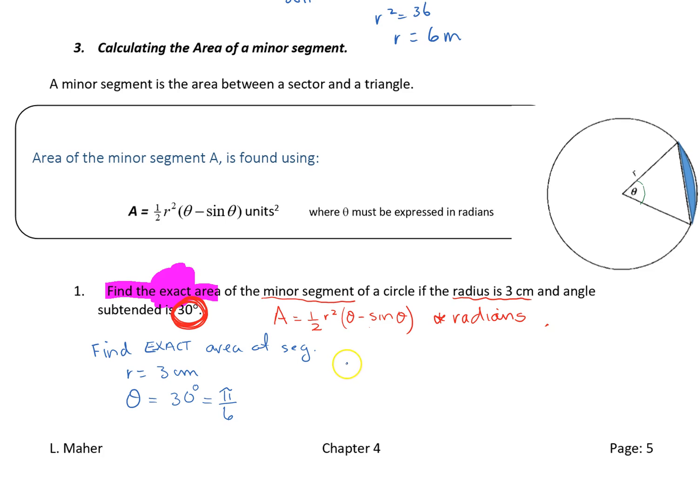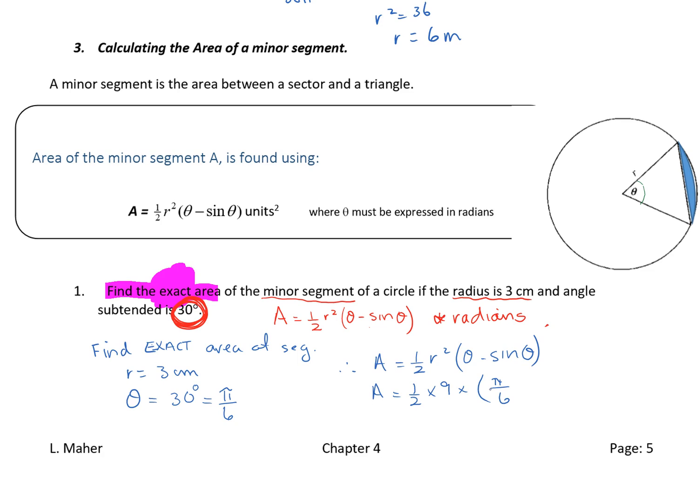Okay, therefore, using the formula, A is half r squared theta minus sine theta, we've got the area is a half, the radius is 3, and 3 squared is 9. Theta is pi on 6. You must use pi on 6.